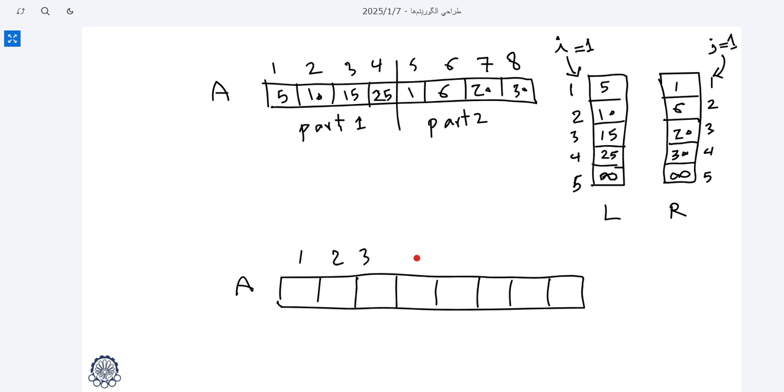Positions 1 to 8. We use another index, index k, for array A, which is initialized to 1.